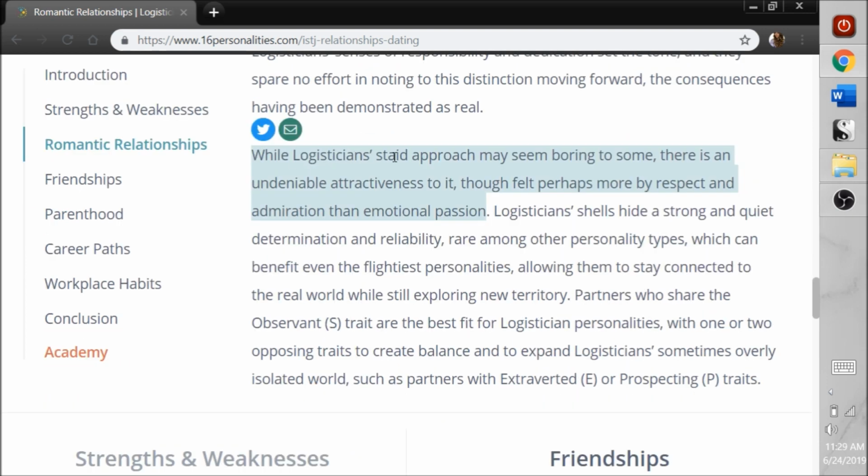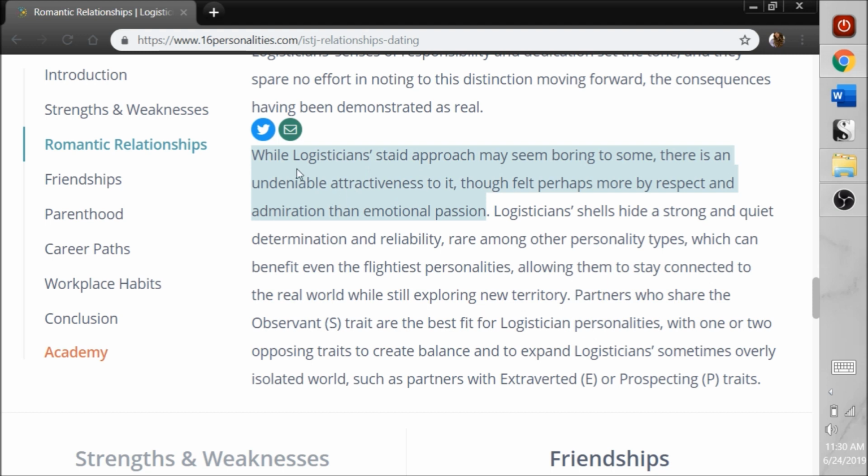This sentence says, while logisticians' staid approach may seem boring to some, there is an undeniable attractiveness to it, though felt perhaps more by respect and admiration than emotional passion. That was a sentence that really resonated with me with my story between my love interests, Ari and Charlotte, because their relationship is not very emotionally passionate, and it is much more founded on respect and admiration.